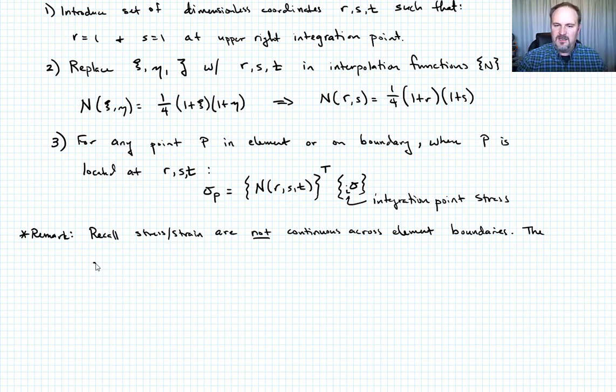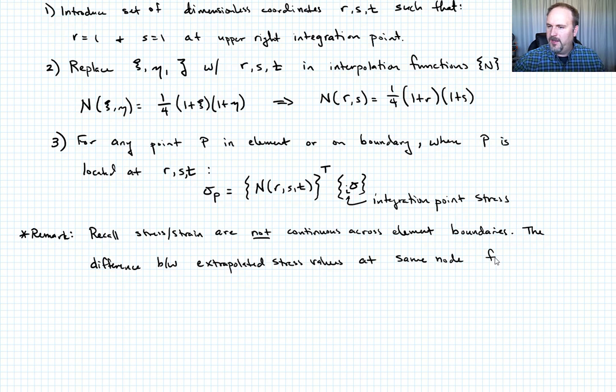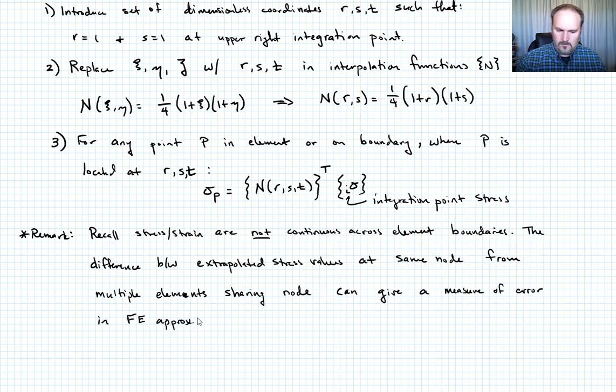So let's just say that the difference between the extrapolated stress values at the same node from multiple elements sharing that node can give a measure of the error in the finite element approximation. Okay?